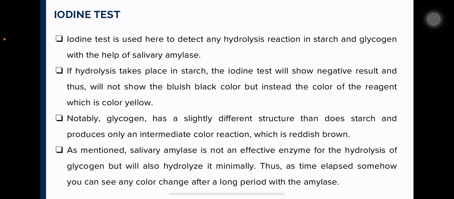And if there is a yellow-colored compound, then there are no polysaccharides, which means complete hydrolysis happened during the reaction. As hydrolysis proceeds, the color shifts from blue or brown to yellow, showing the breakdown of complex carbohydrates.